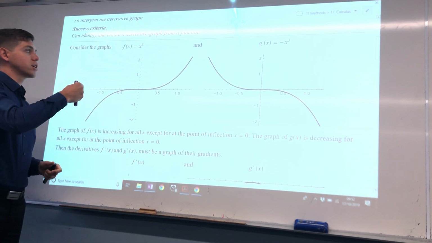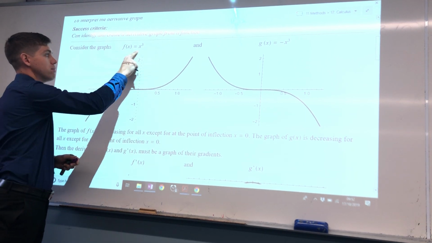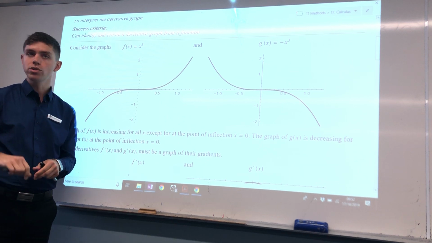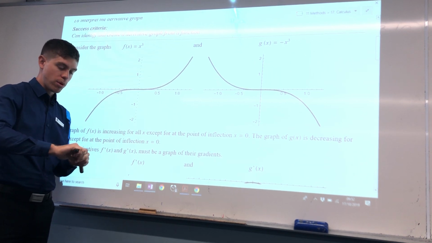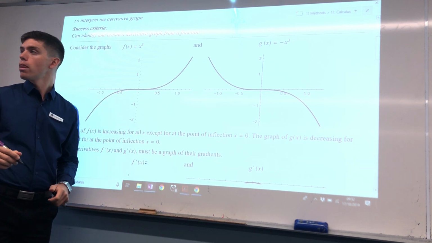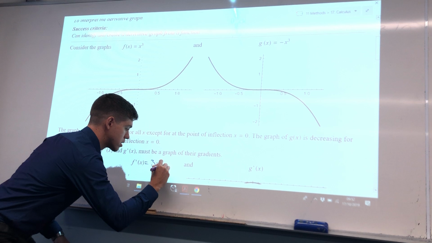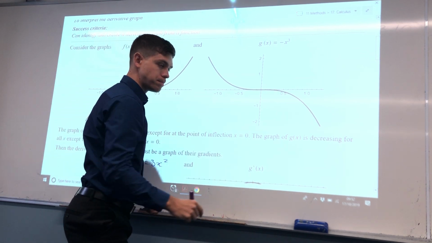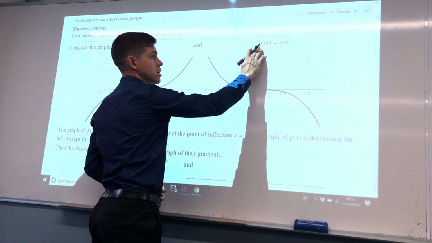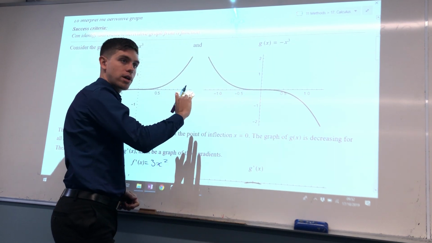What is the gradient function, for everyone who was here yesterday, what does the gradient function of f of x look like? Not the graph of itself, but if I was to say f of x equals x cubed, the gradient function is 3x squared, and this guy here, g of x. So g of x is negative x cubed, so the reflection of that graph.